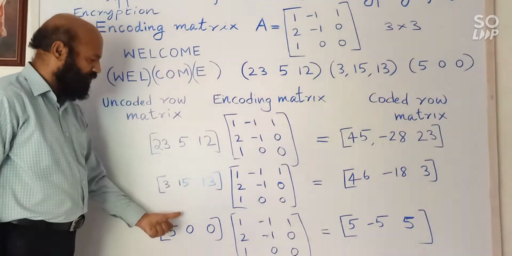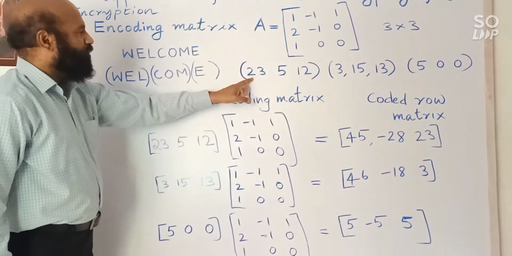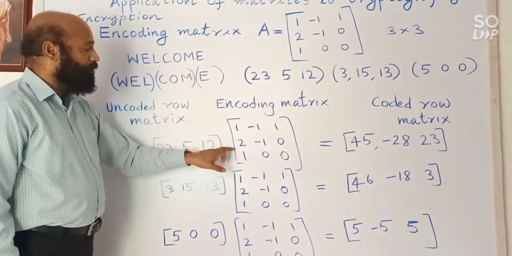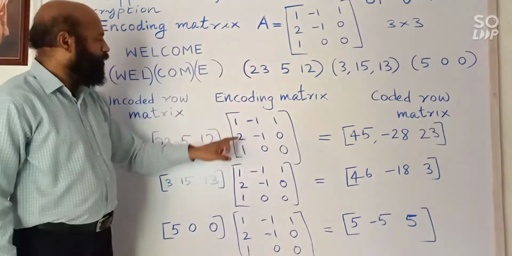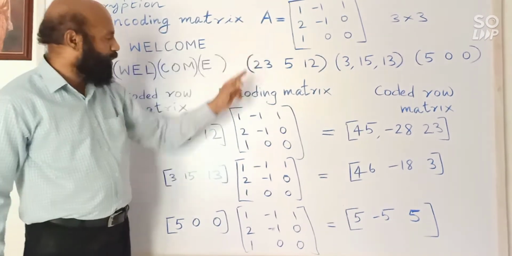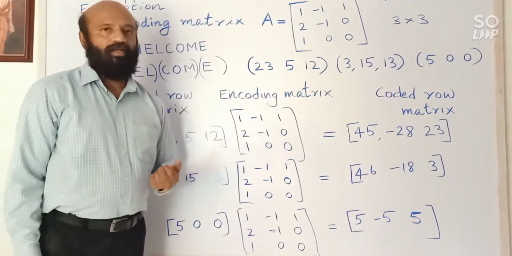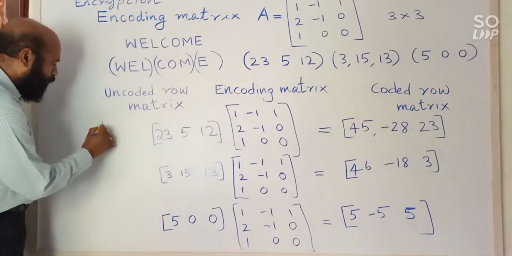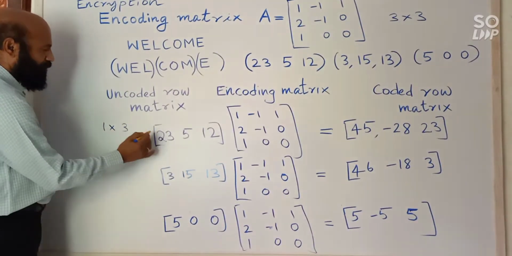The uncoded row matrix, first 23, 5, 12, you multiply by the encoding matrix, post multiplication by the encoding matrix. After multiplying, this is a 1 by 3 matrix.